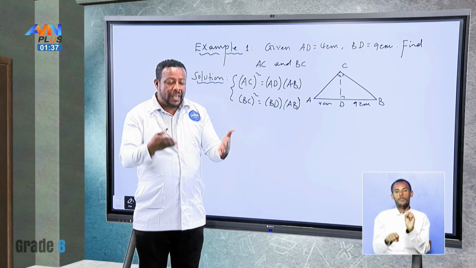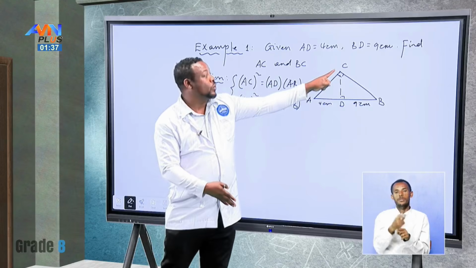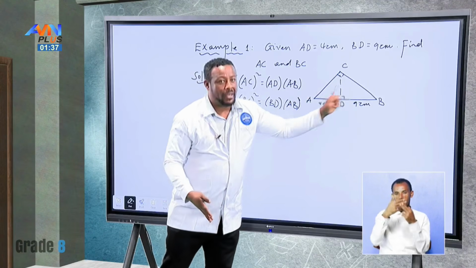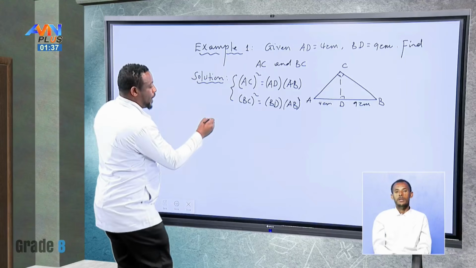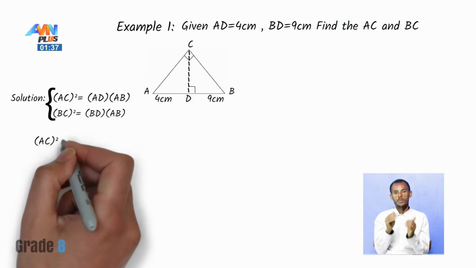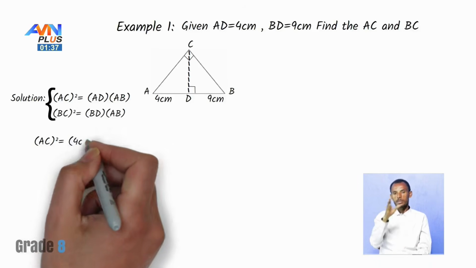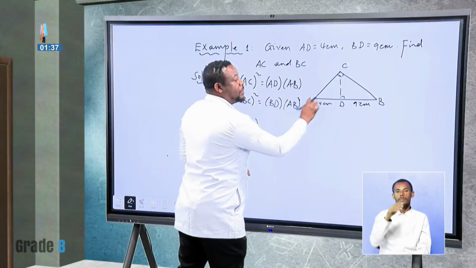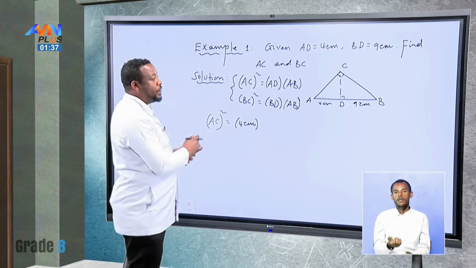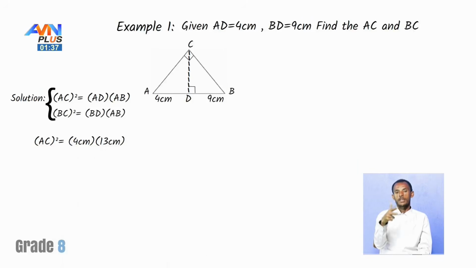So based on the theorem that we have already proved, the squared value of AC is equal to AD times AB. So now let's calculate AC. AC square is equal to AD, which is 4 centimeter, times AB, the sum of the two parts, which is 13 centimeter, right?